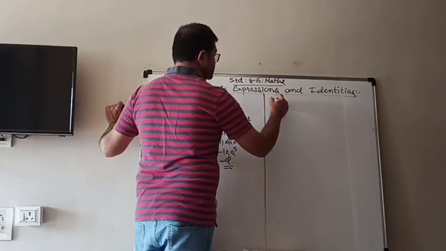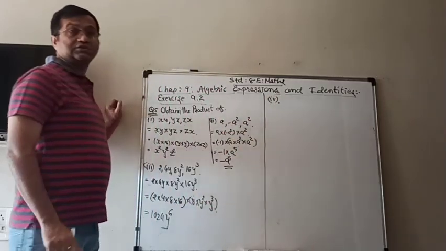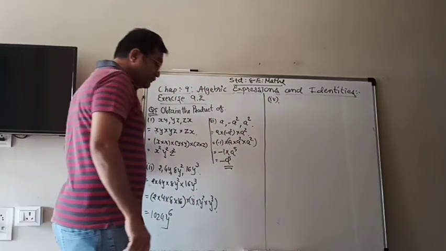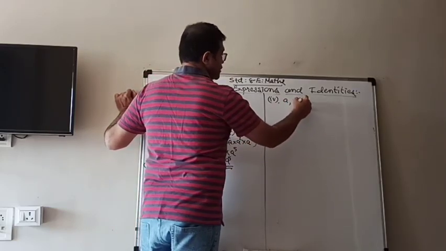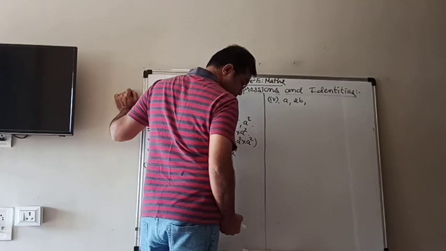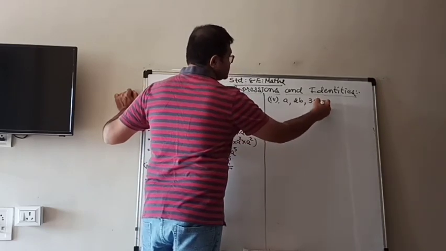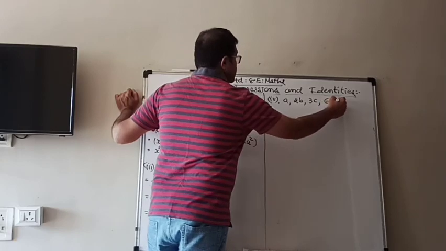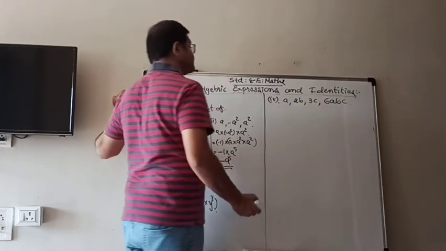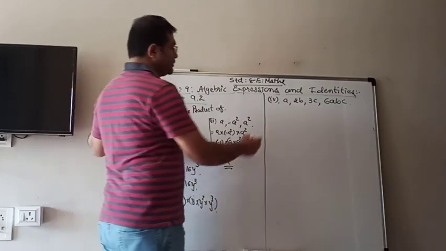Let's take the next, fourth. In fourth, a, 2b, 3c and 6abc. We have to multiply them.